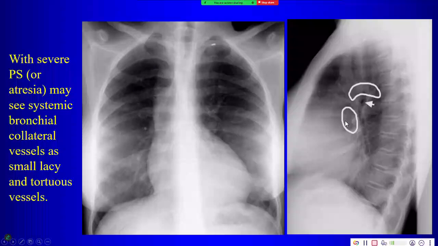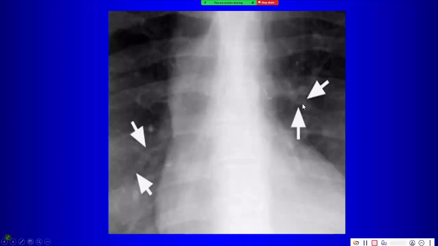We don't see the pulmonary arteries here, so that's what these circles are showing us. But you may have these funny-looking vessels that are going out into the lung parenchyma, and those are those collateral vessels, major aortopulmonary collateral vessels. So they don't look like normal pulmonary arteries, even on the plain film. They're kind of small and stringy looking.